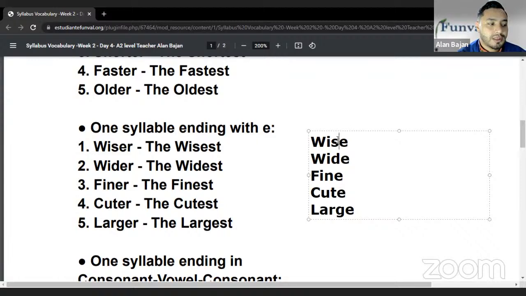As you can see, here is a consonant, here is a consonant, consonant, consonant, and consonant.